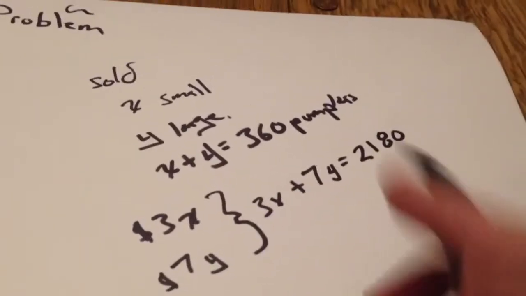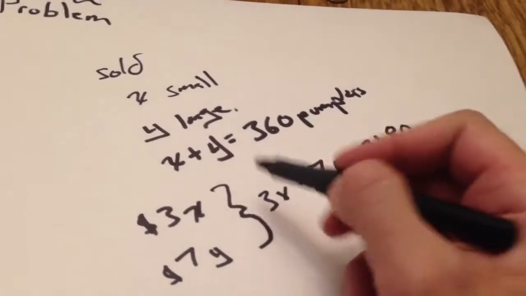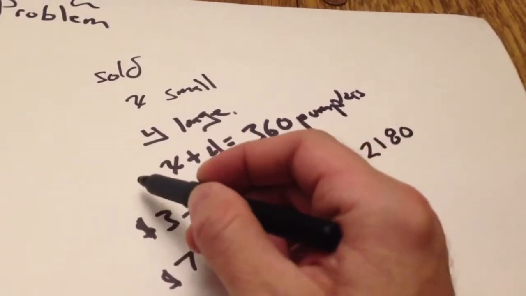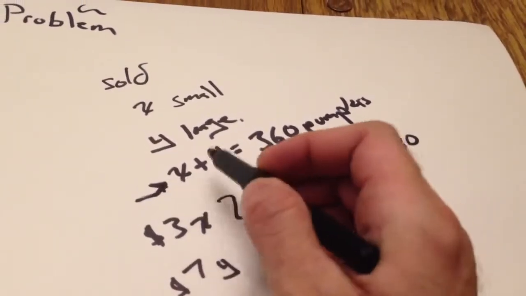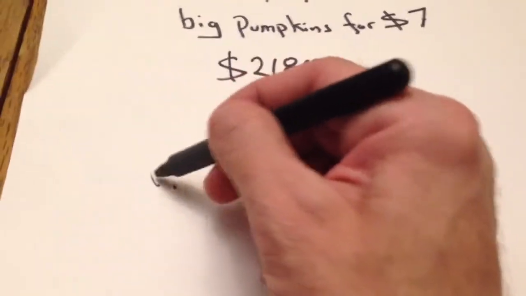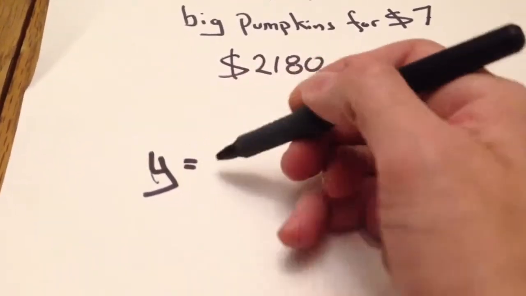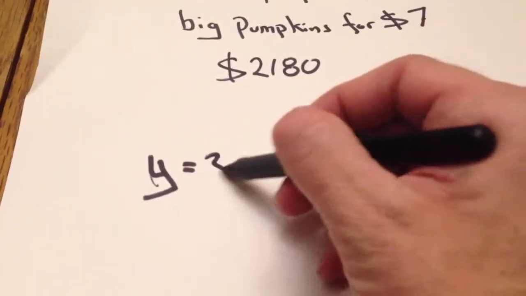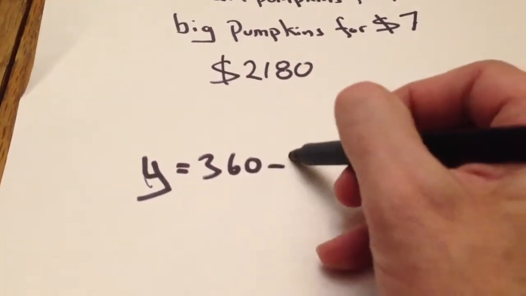Now, let's just do something to this little equation right here. Let's just say that y equals 360 minus x.